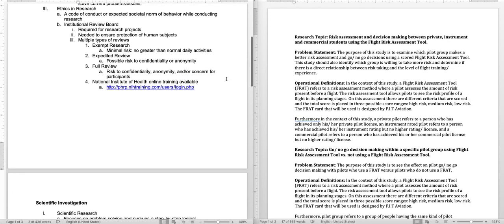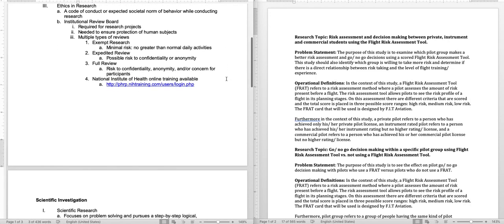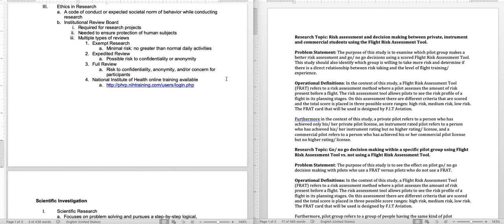Whenever we do research, we want to involve ethics. Anytime you do research that involves behavioral analysis or using actual human beings or animals, anything along those lines, you have to follow a code of ethics with respect to research.